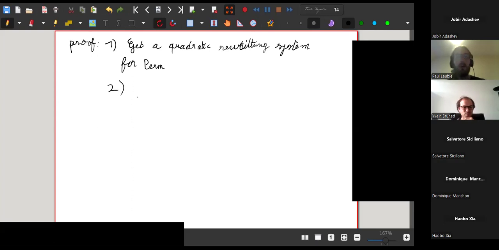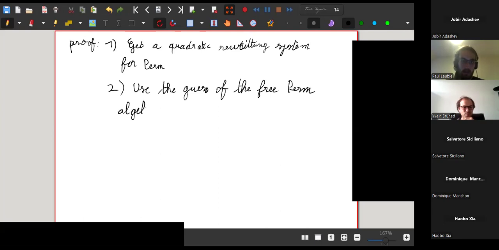The second step is to use the description we have of the free perm algebra to show the confluence of the quadratic rewriting system.